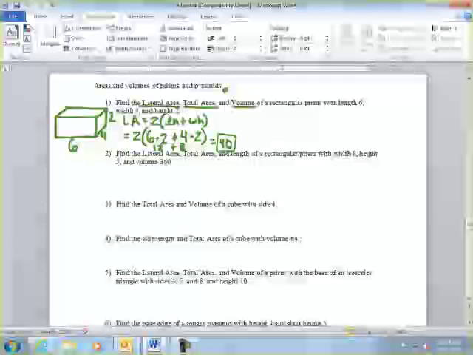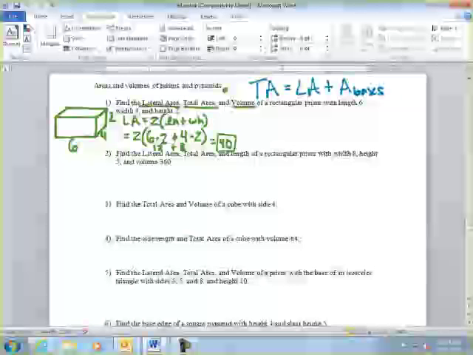Total area, the formula is not provided on the sheet. For any shape, total area is lateral area plus area of the bases. Okay? Total area says let's take all of the sides and add to it the top and the bottom, the bases.